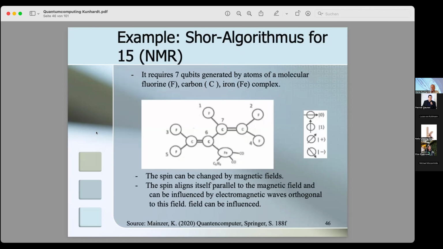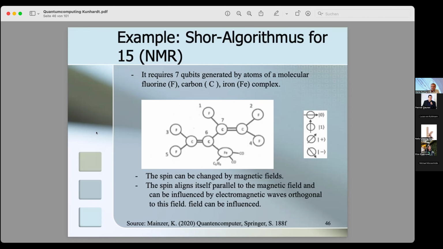One first implementation with NMR technology, which I said was one of the first implemented for realizing a quantum computer, is a 7-qubit system with atoms of a molecular system like fluorine, carbon, and an iron complex. Imagine in our glass bottle we have these atoms, a very high number of them, and the spin is changed by the magnetic fields.